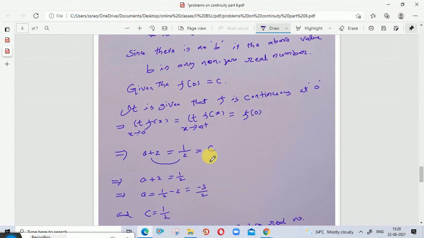First we take these two, a plus 2 is equal to 1/2, that implies a is equal to 1/2 minus 2, that is equal to -3/2. Then c is equal to 1/2, it comes directly here. So we write c is equal to 1/2.